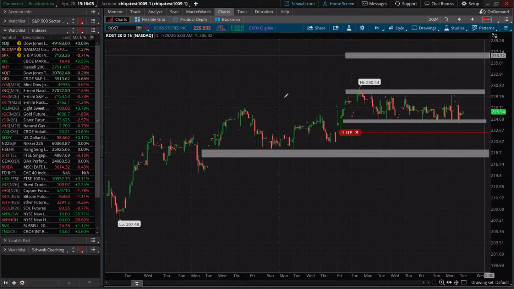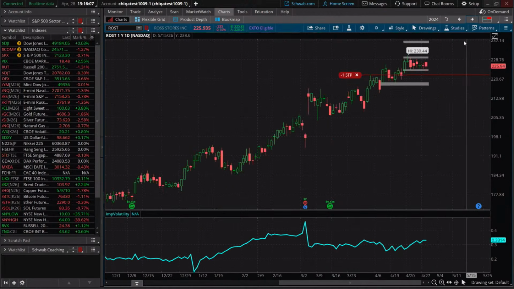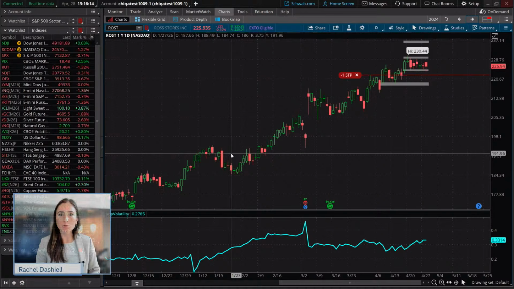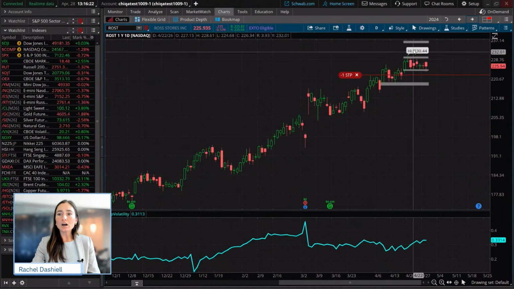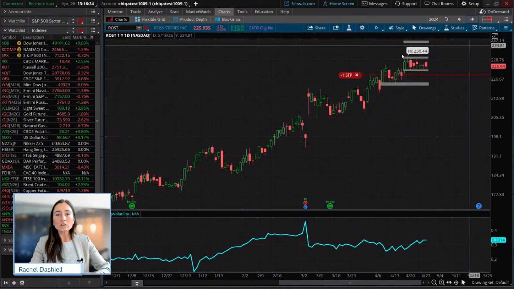Okay, so we're going to mark that as well. So a couple different ways that we could look at it. Okay, so those are our levels there. So maybe what we want to do as a short-term trader here is say, within the next couple weeks, we want to look to sell something that is a little bit above that 230 level.